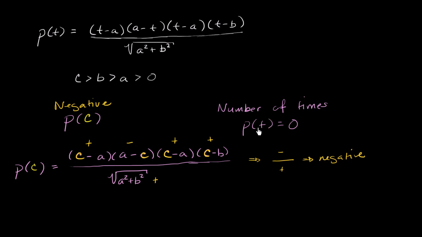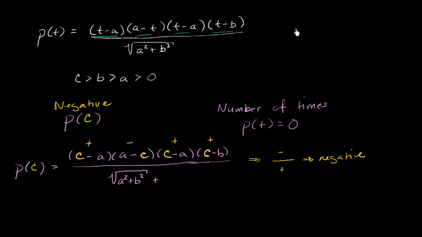So let's think about the number of times p of t is equal to 0. Well, p of t is equal to 0 whenever the numerator right over here is equal to 0. And when would the numerator equal 0? Well, I have the product of these four expressions. So if any one of these expressions is 0, then the entire numerator is going to be 0. So let's think about how you can make these expressions 0.